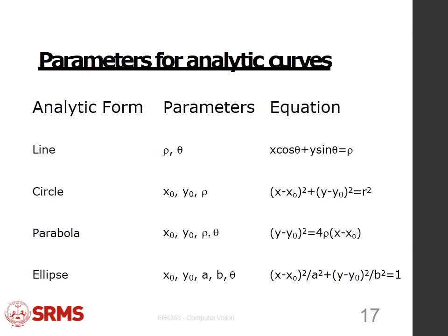In the case of a parabola, rho is also included: (y minus y0) whole square is equal to 4 rho times (x minus x0).